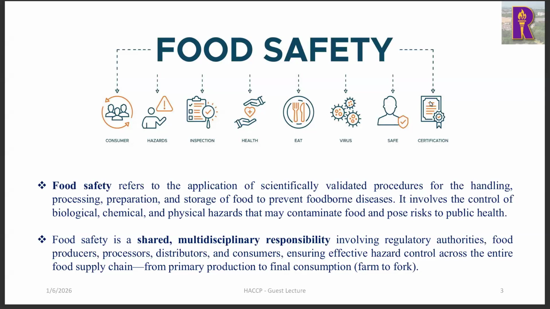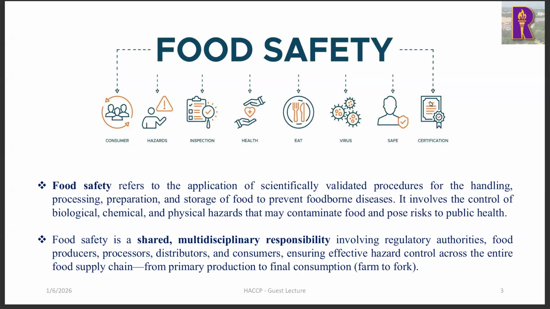So this food safety is a combined responsibility. That is, it not only depends upon the producers or the manufacturers. It comes from the raw material suppliers, then it goes on to the producers, then the distributors who are all involved in the logistic chain, and finally the consumers, that is us.